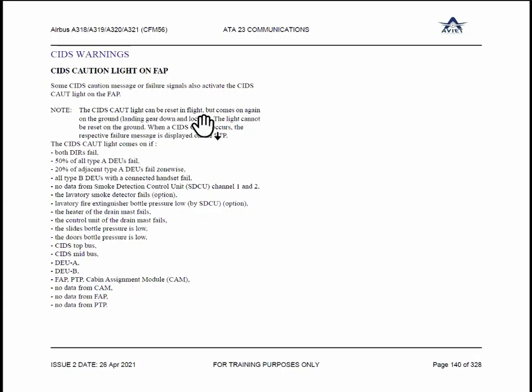The caution light can be reset in flight, but it will come again on the ground when the landing gear is down and locked. It means after landing, not engine shutdown. After landing, this light will come again. So if the SITS caution light comes in flight, it can be reset. It will disappear, but it will reappear when the aircraft is on the ground.